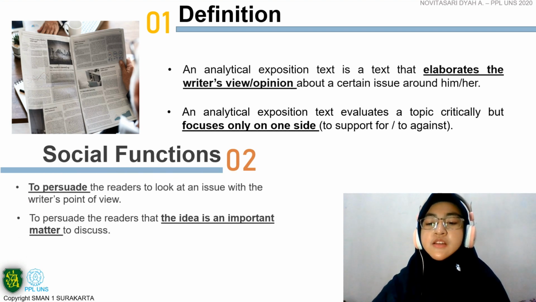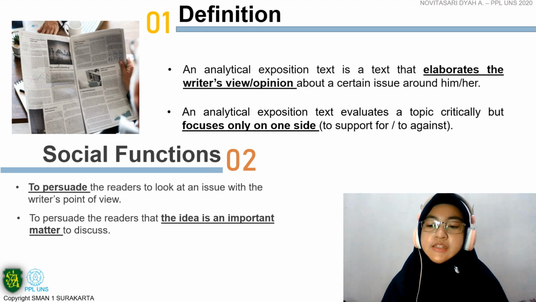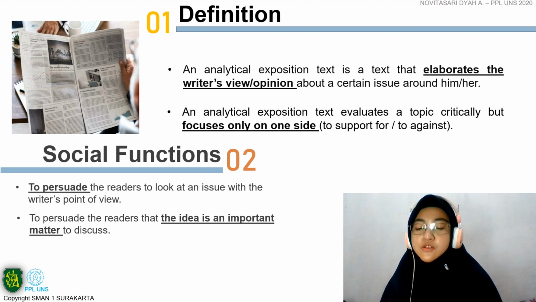Next, we have the social functions. First one, to persuade the readers to look at an issue with the writer's point of view. And then to persuade the readers that the idea is an important matter to discuss.